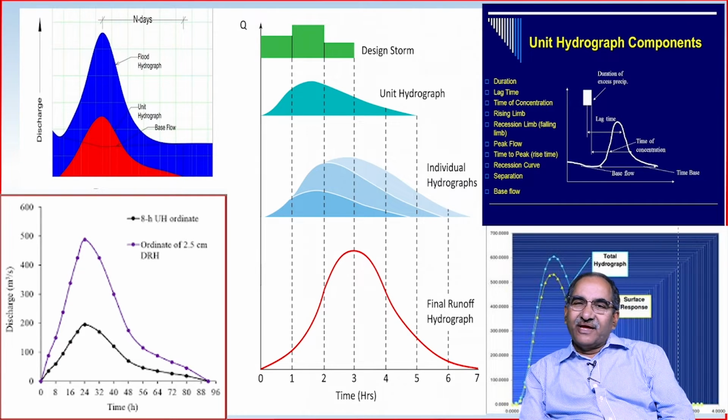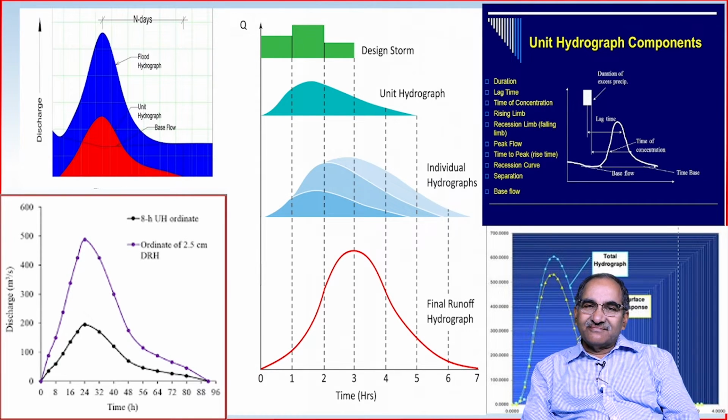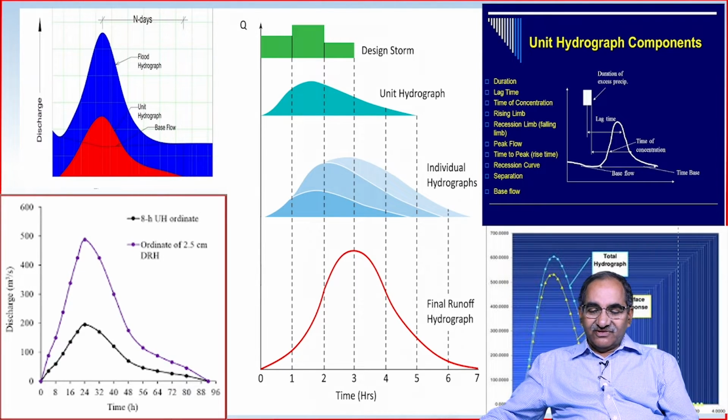The third unit mainly focuses on hydrographs, how to develop a hydrograph, then the unit hydrographs, the synthetic unit hydrographs, S hydrograph, all these analysis parts we will see in unit 3. So now let us move to unit 3.